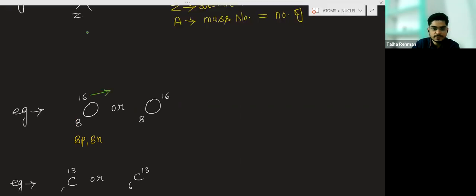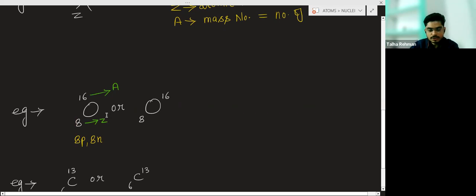This is mass number A and this is atomic number Z. In some books, the atomic number and mass number for the oxygen atom can be written in this form also, or in this form also. So basically, we want to calculate the number of protons in the oxygen atom.